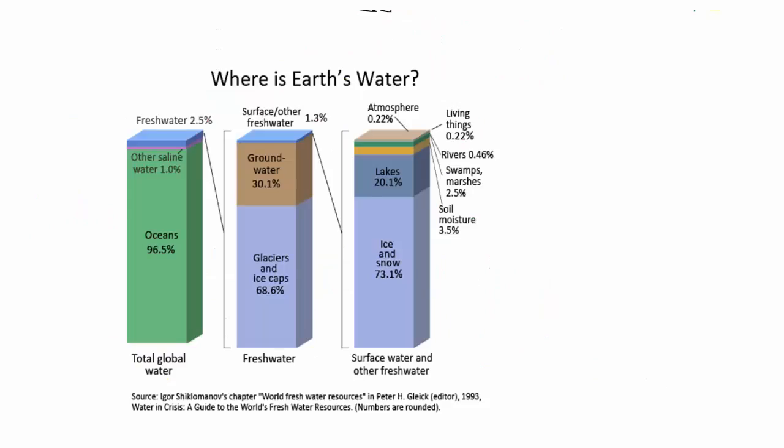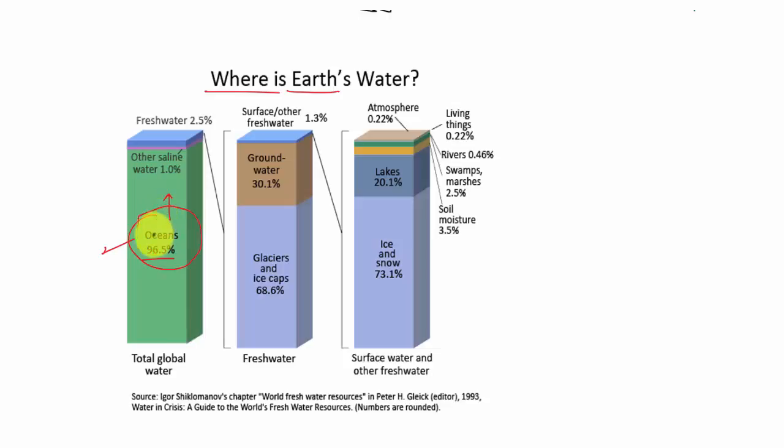Now let us look at the global water balance. Global water balance basically comes to a point where we have to look at the distribution of Earth's water, in what form it is stored, and what are the various percentages in which it occurs. As we know, most of the water on Earth is in oceans, 96.5%, and it is a very big saline source of water.